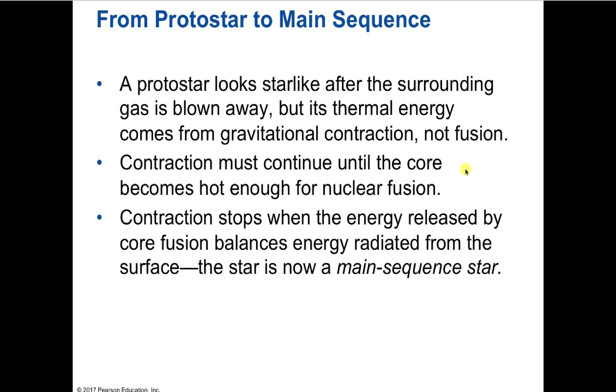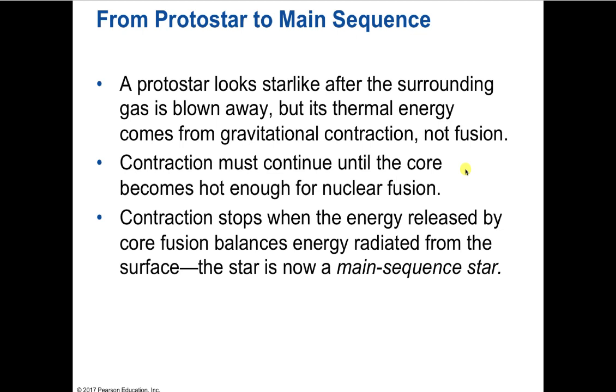And gravity must ultimately squeeze this thing even tighter so that the temperature rises enough to start nuclear fusion. Eventually gravity is going to have to keep fighting that thermal pressure to contract the new star enough so the temperature gets to about 10 million Kelvin or so, which is about the threshold to start nuclear fusion, turning hydrogen into helium.